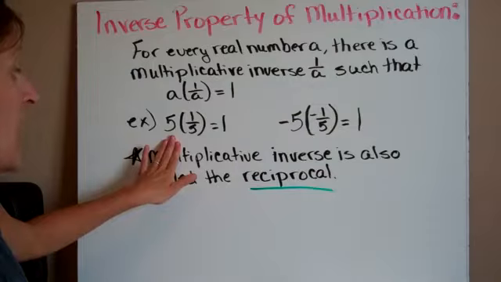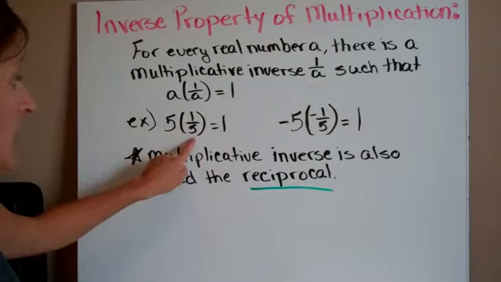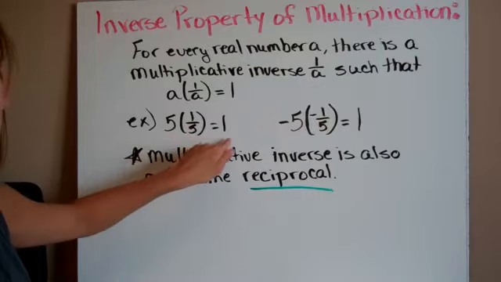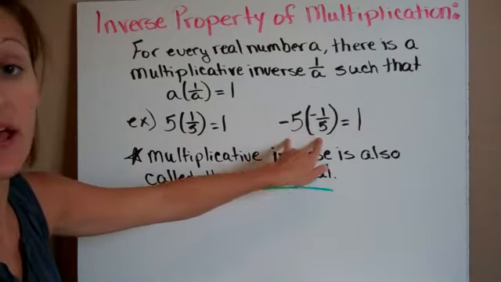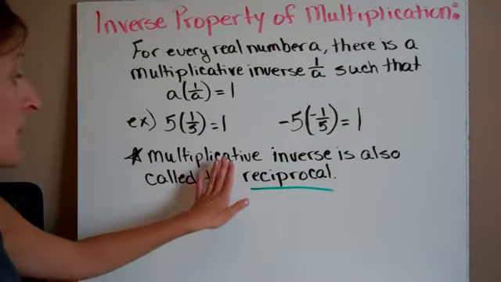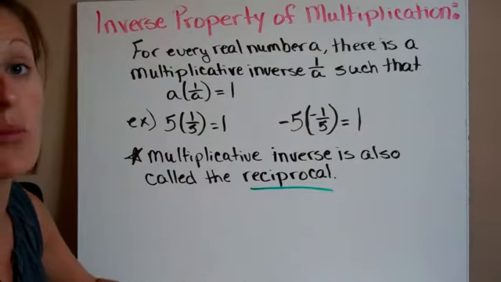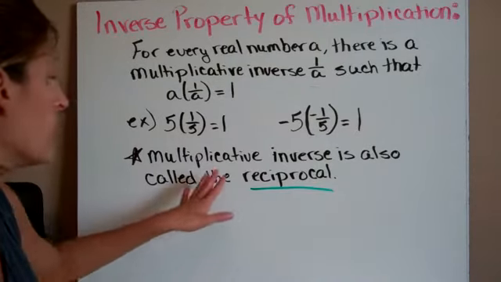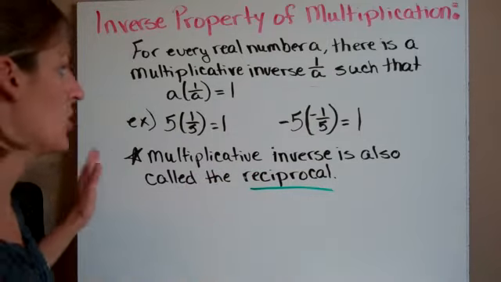So if I do 5 times the inverse, which would be 1 over 5, multiply these two together, I'm going to get 1. If I do the same thing but they're both negative, I also get 1. So my multiplicative inverse is also what we call the reciprocal. And we'll use reciprocal more than multiplicative inverse, because that is a big word.